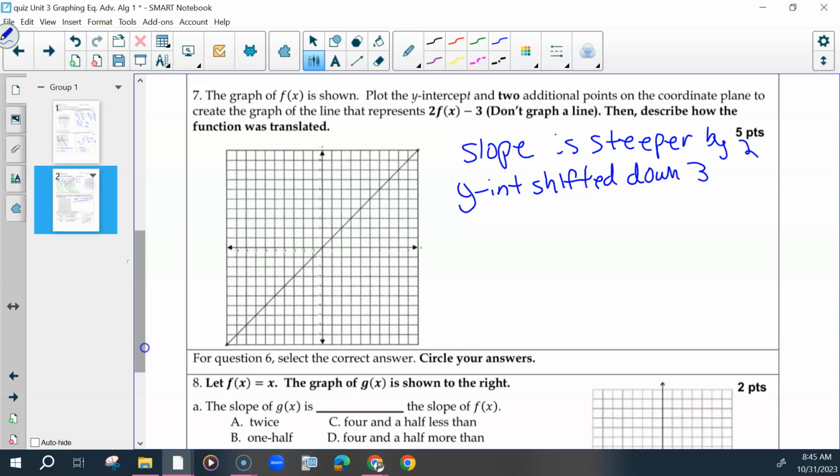If you only put steeper by 2, shifted down by 3, you didn't specify what happened. Or if you didn't put the direction, or didn't put the number, you missed points there. So then the y-intercept should have been at -3. For the slope, you just needed 2 more points. So I'm going to draw all of the points you could have drawn, but you only needed 2 of these.